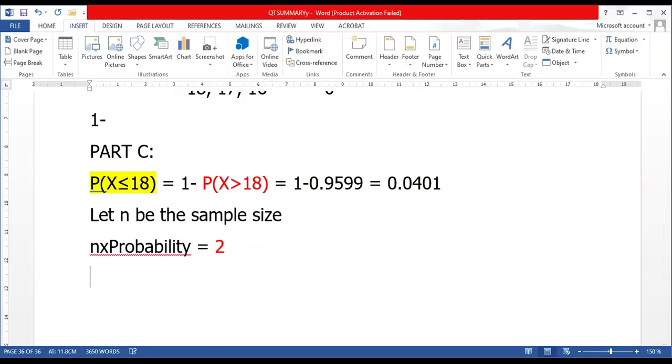So what is n? n times the probability, which is 0.0401, will be equal to 2.